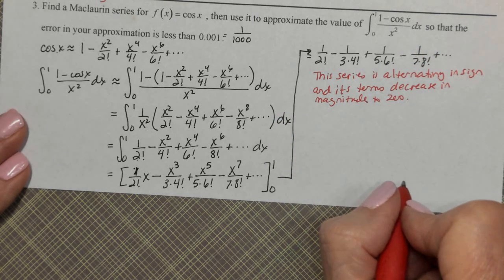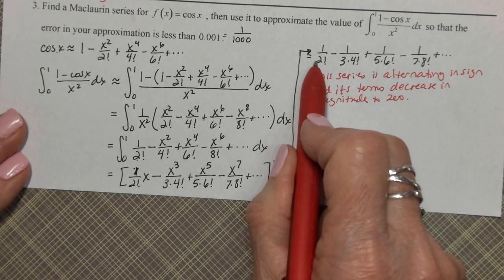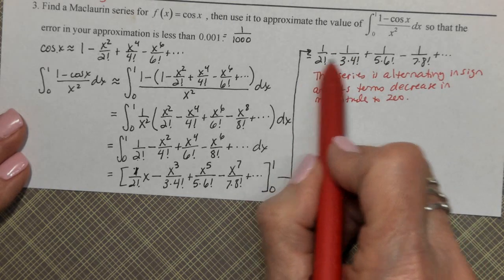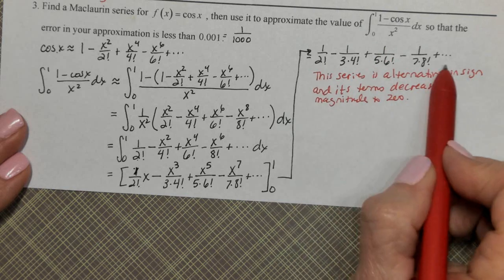So I know that if I only used the first term, the error would be the absolute value of the second term. If I use the first two terms, the error would be the absolute value of the third term, etc.